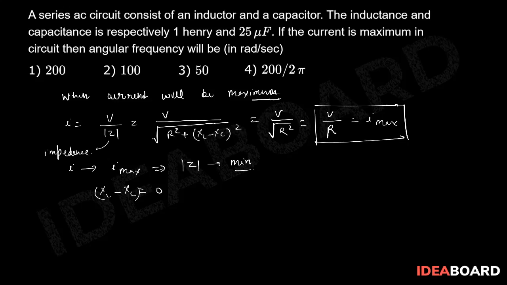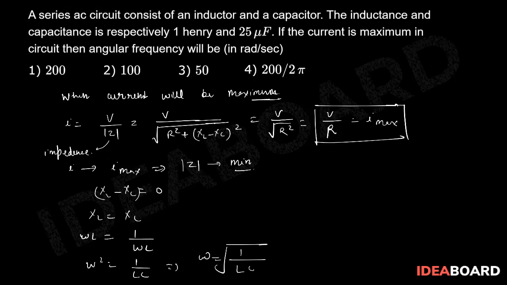So now what does it suggest? XL is equal to XC. We know XL is omega into L, and XC is 1 upon omega C. This gives us omega square is equal to 1 upon LC, and from there I can find omega is equal to 1 upon square root of LC.